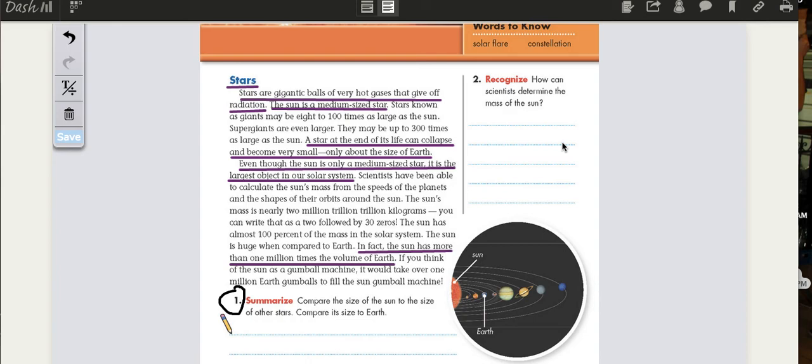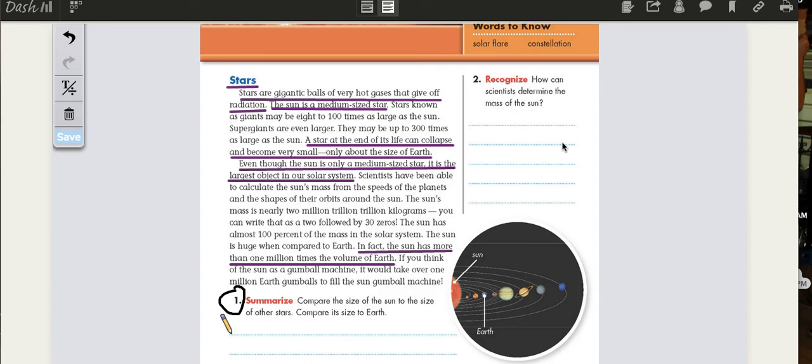The red dwarf stars that are very small in size and they are cold. The yellow stars, which are medium in size and they are warmer than the reddish stars, and the sun is one of them. And remember this for the next lecture, please. And the blue giant stars, which are big stars and they are very hot. And most of the stars that we see in our sky are blue giant stars.